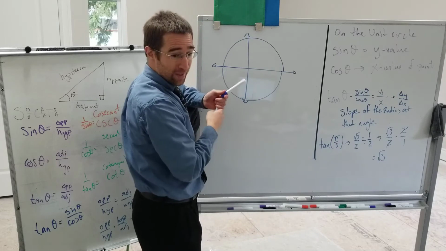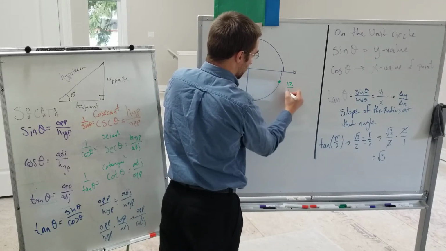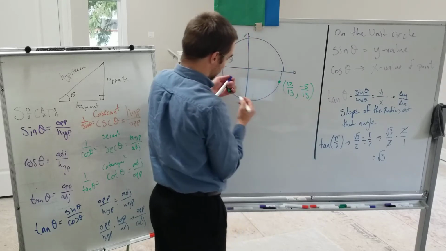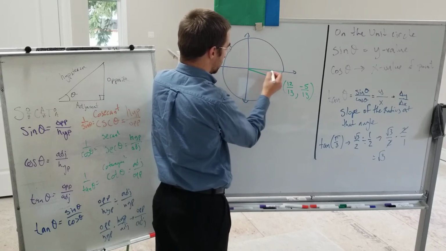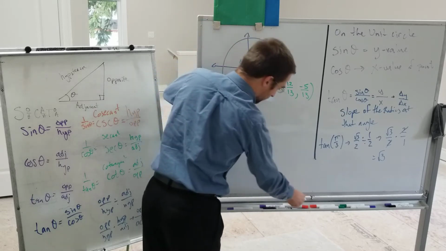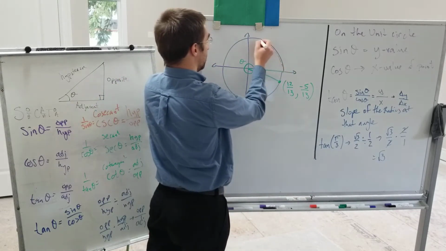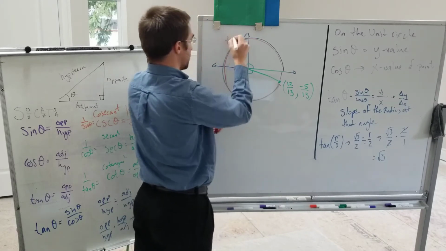We've got this point on the unit circle, which is 12 over 13, comma negative 5 over 13. Right there. We've got this angle, theta, and there's a corresponding arc, which the book likes to call t.